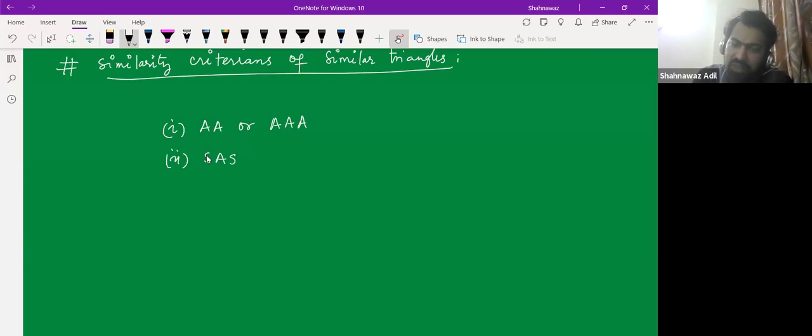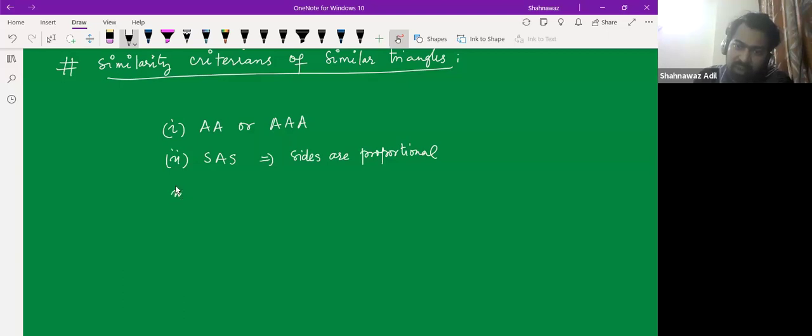Here S is saying that sides are proportional, right? They are not equal. Sides are proportional, and the angles are equal.